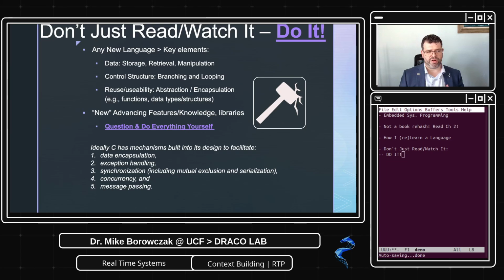All right, so remember, I told you that C has mechanisms. Well, I didn't tell you that it was C, but I told you that our real-time systems should have mechanisms that facilitate 5 things. And so I'm telling you that C should have those mechanisms. So one of the things I'd ask is, could you come up with some minimal examples for how C does 1 through 5 here? And you might come across and you might say, it's not easy to do some of this.